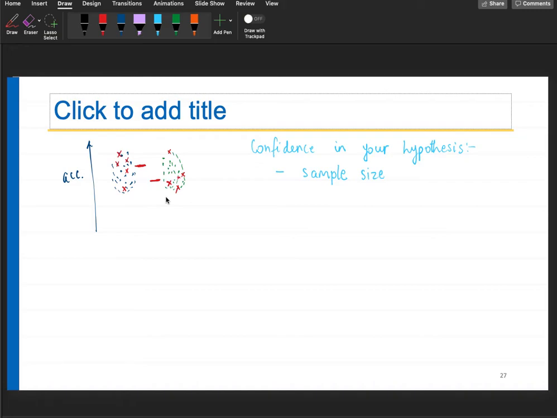Okay. So what decides how confident you will be that your hypothesis is correct? If your sample size increases, your confidence will go up. What else?